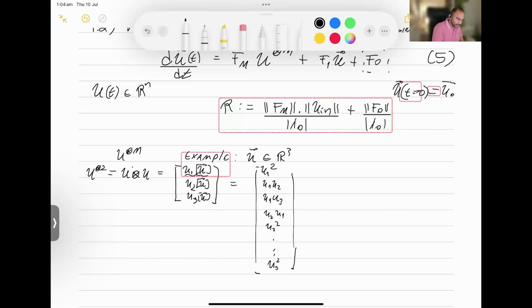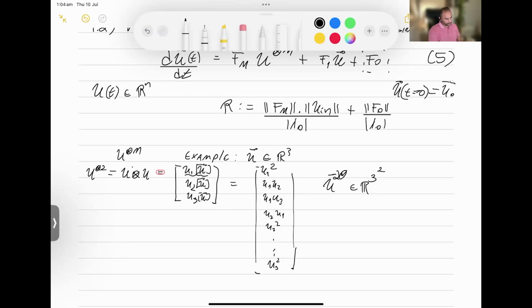In the case of a Kronecker product of 2, this is the new dimension. So you have just the exponential of the dimension that we start with.